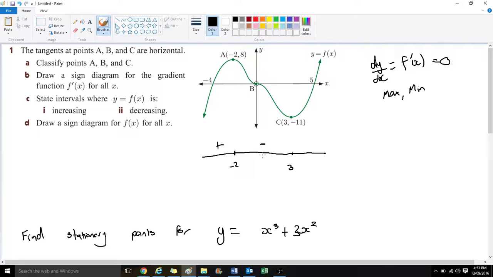Now there might be some special value about 0 because it's a stationary point of inflection, and then after 3 it's just continuously increasing. So that's a sign diagram of f'(x), and obviously we can state intervals for which it's increasing, and then it wants us to draw a sign diagram of f(x) for all of x.